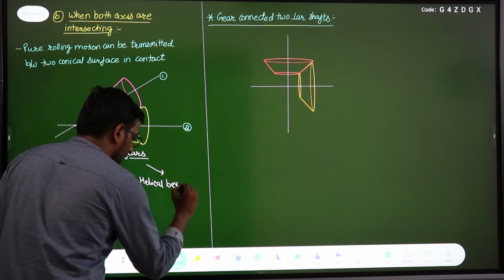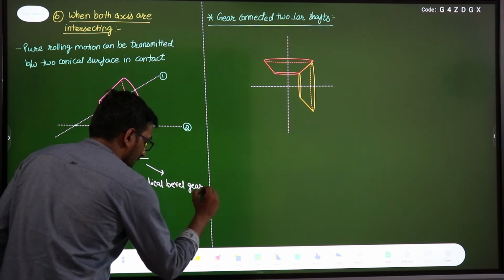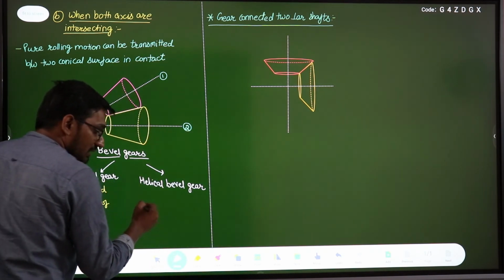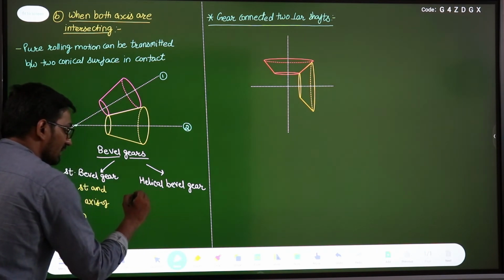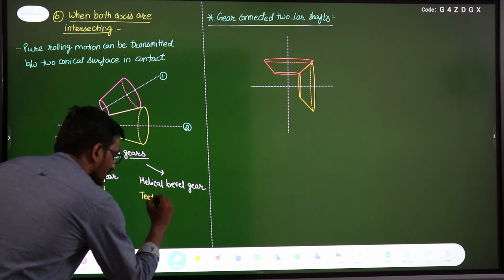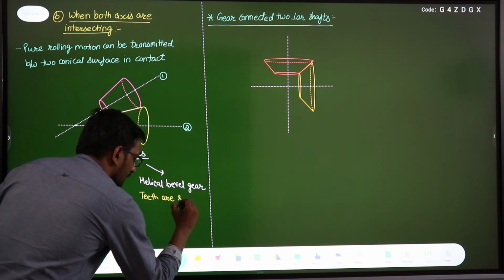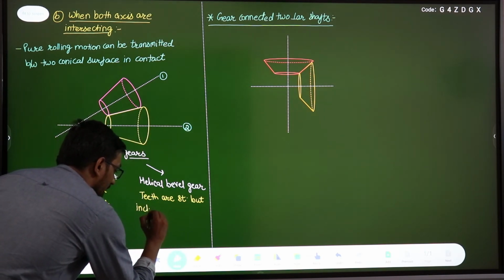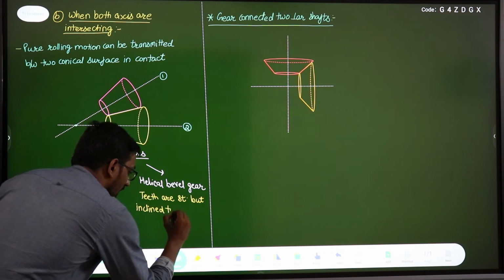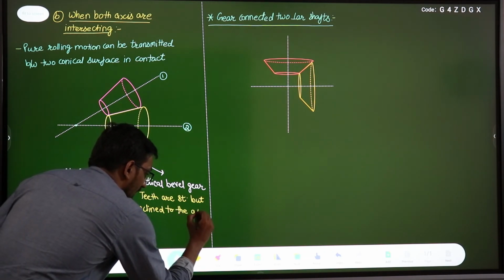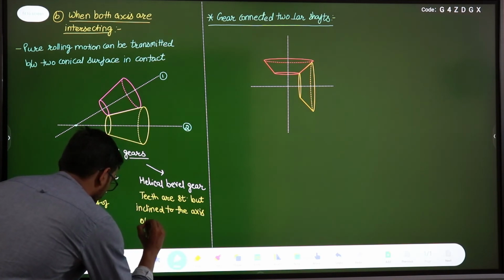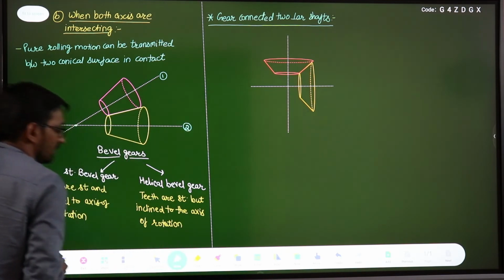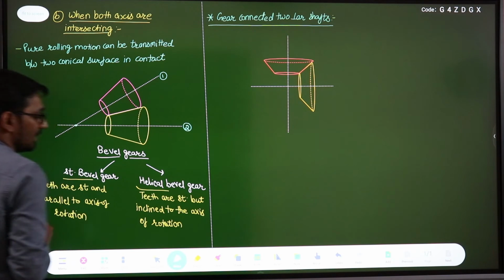Helical bevel gear means we can say that in the helical bevel gear the teeth are straight but inclined to the axis of rotation, or axis of shaft. Right, these are of two types, straight bevel gear and helical bevel gears.